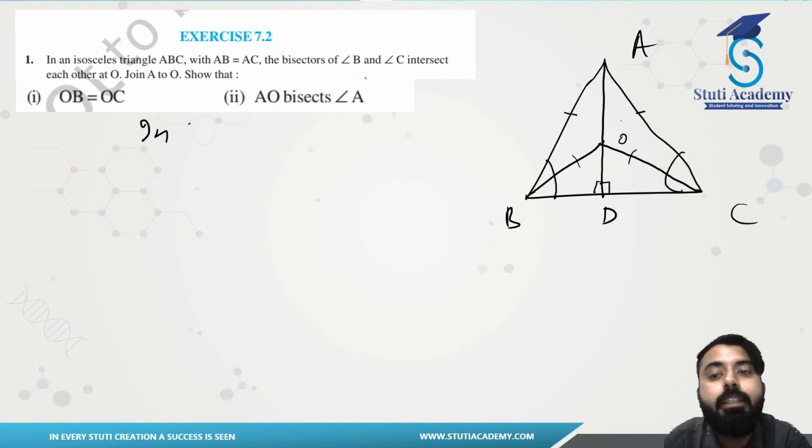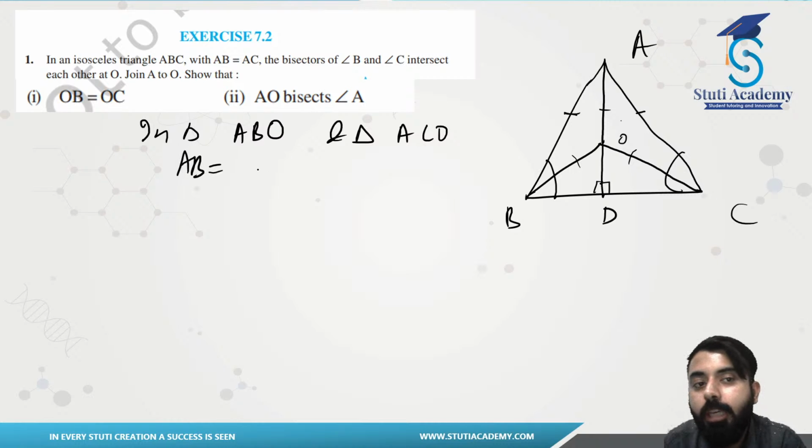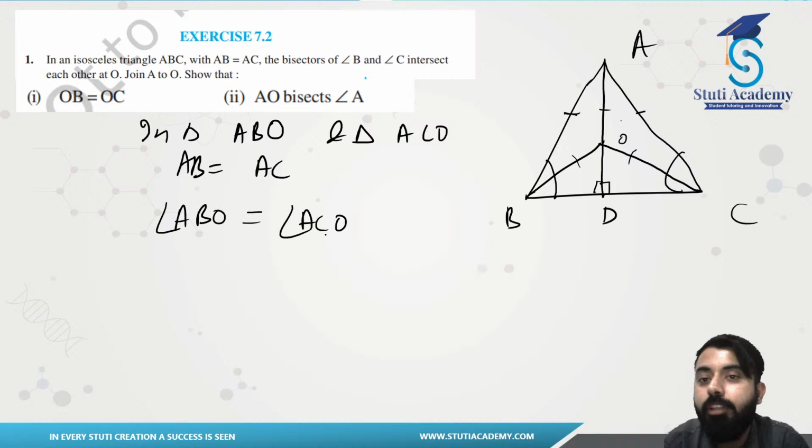So in triangle ABO and triangle ACO, let's consider these two. I know this is equal to that, and AB is equal to AC. I know angle ABO equals angle ACO, and OB is equal to OC.